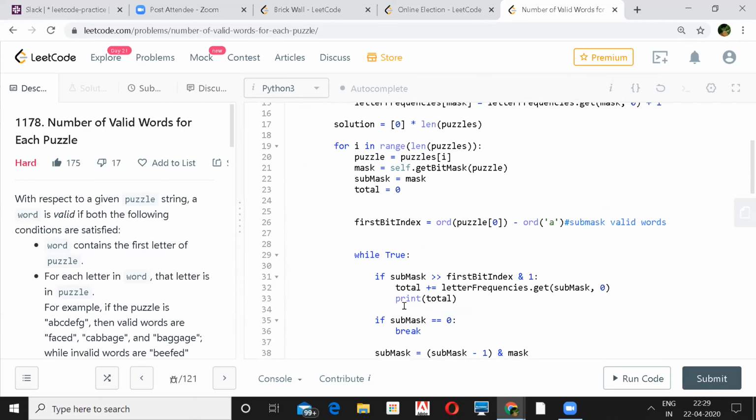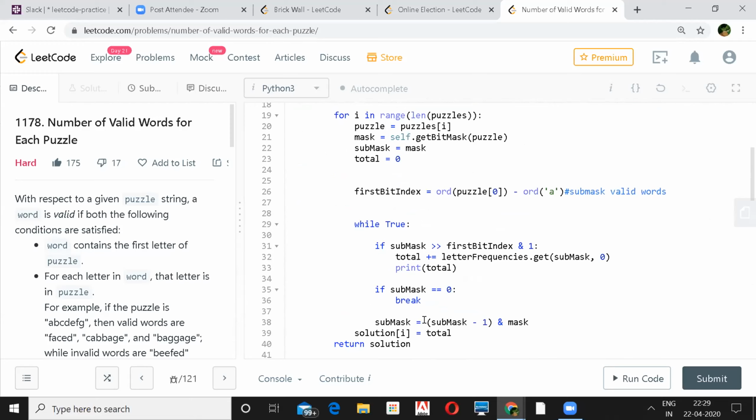That's very well explained in that article. Where did you share it? On Slack, on the LeetCode same thread. Okay, thank you.